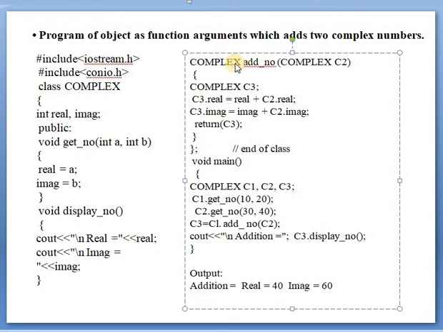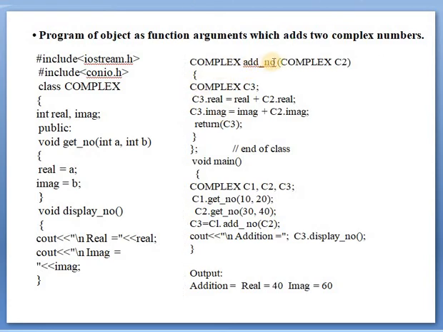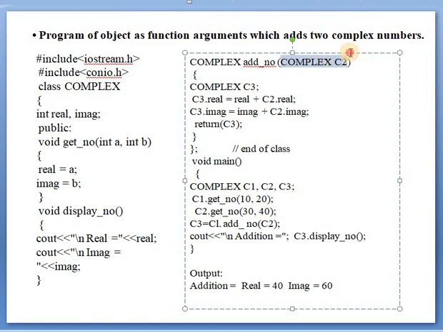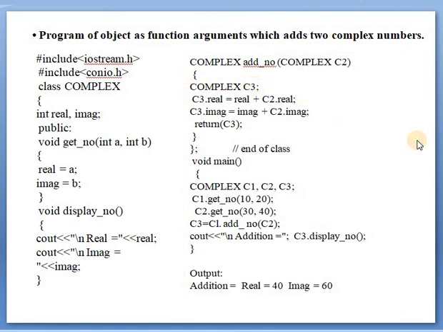Now see here how to add two complex numbers. Complex addNumber is a function, and here we are passing an object of the class Complex, that is Complex C2. Now Complex C3, this is the third object. If we want to add the data members of the objects, we have to write the object name, dot, then the data member. So if we want to access the data members of the class, we need to write the object name and the dot operator.